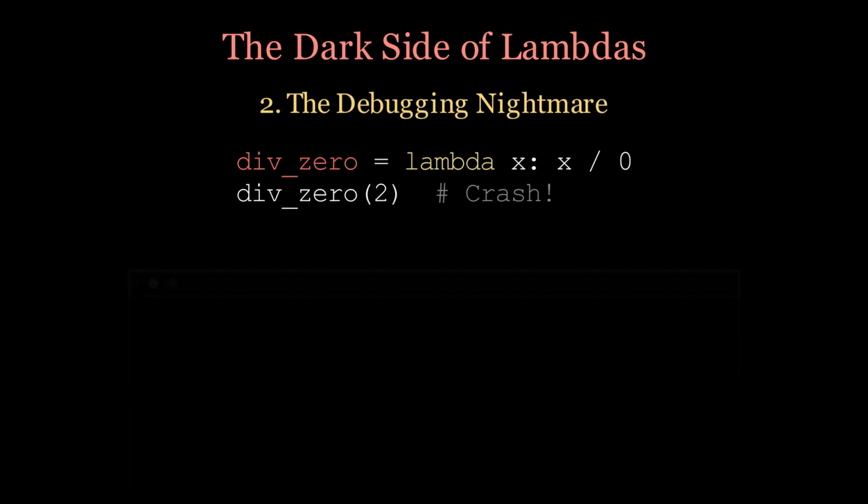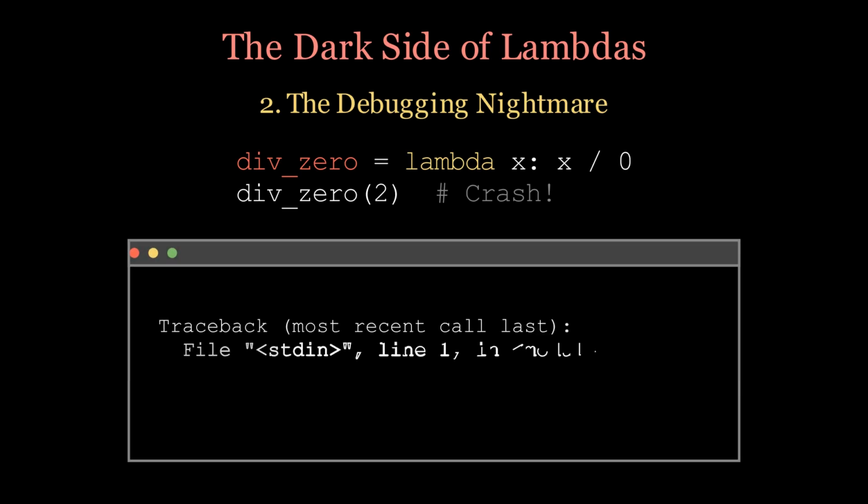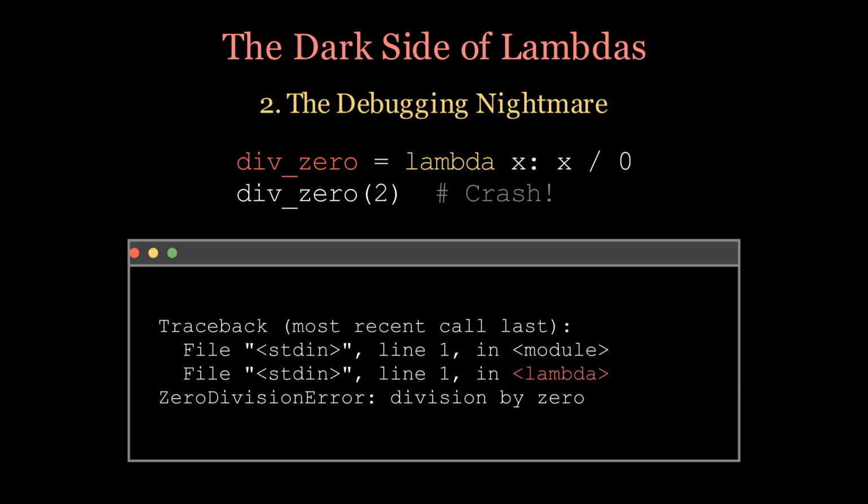Secondly, the debugging is a nightmare. Since lambda functions have no name, if your code crashes, you won't understand which function is actually failing, and if your code base has a whole lot of lambda functions, you will just think of dying.